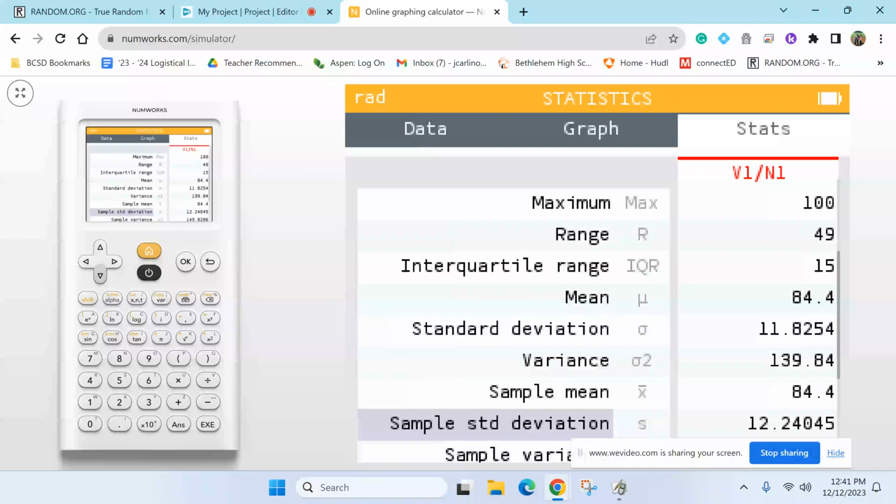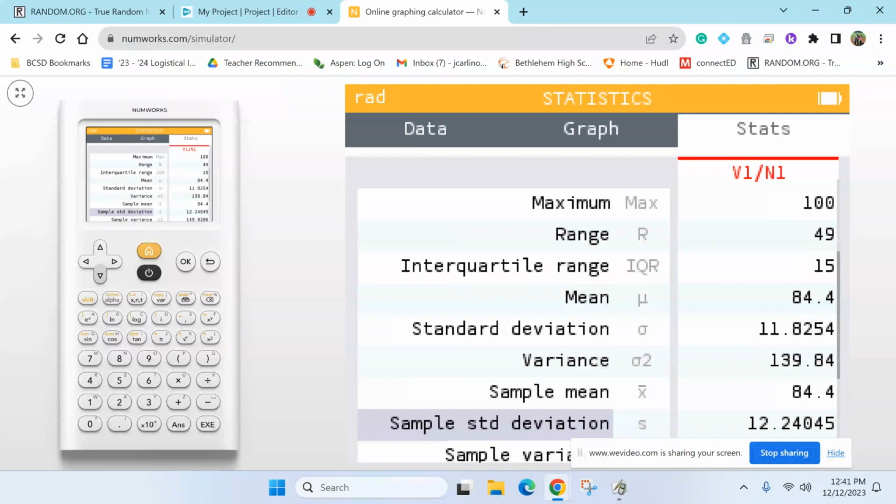If it is not asked, we just use standard deviation. The only time I'll ask for sample is if I say, find the sample standard deviation. Sometimes this is referred to as population standard deviation. So population standard deviation is right here, and if I want sample, I'll ask for the sample.